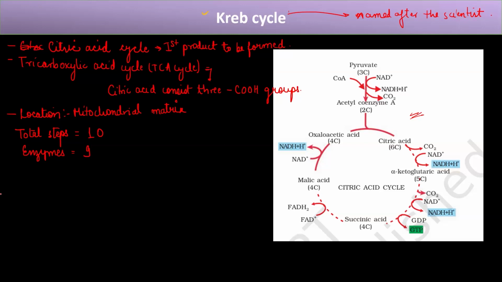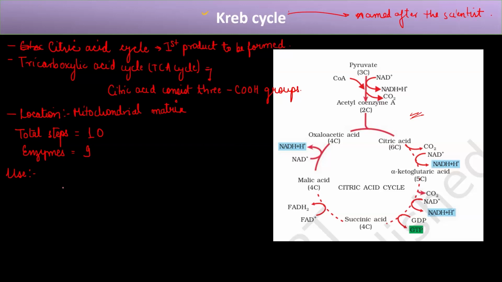Now, what is the use of this Krebs cycle? If you see what we said about respiration, the glucose gets converted into carbon dioxide and energy is formed, right? So the Krebs cycle is the place where the glucose that leads to the formation of carbon dioxide gets completely released.